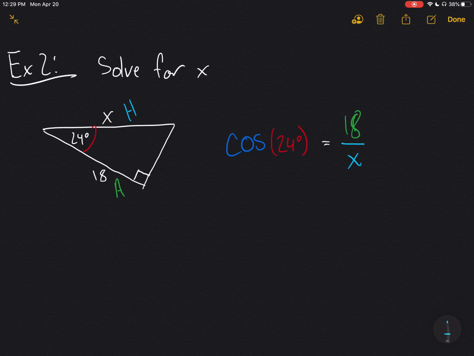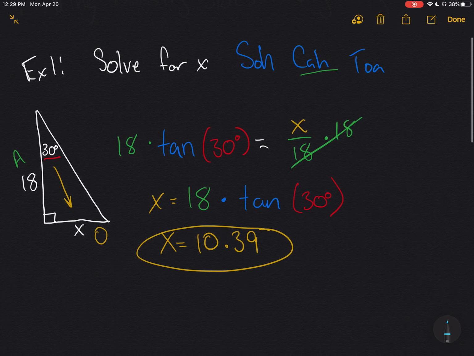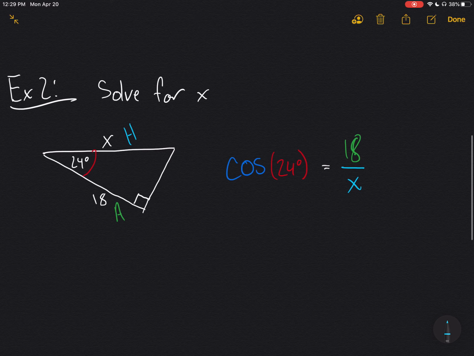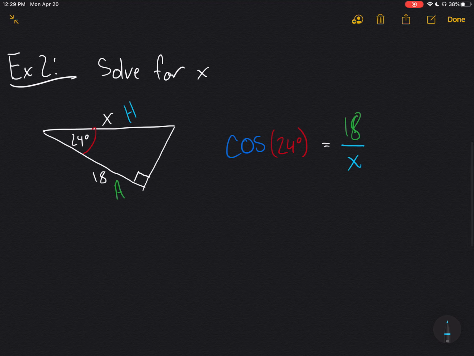Right? Now, this time x is in the denominator, so we can't do the exact same step, and what you're going to notice happens is that x and the cosine of 24 are going to switch places. I'm going to take a couple steps to get there just so you guys can see the math behind it. So two things I want to happen. I want x to be in the numerator, and I want x to be by itself.